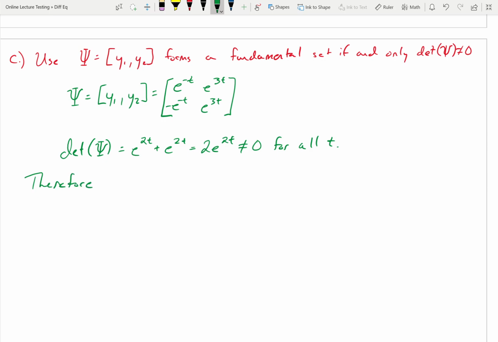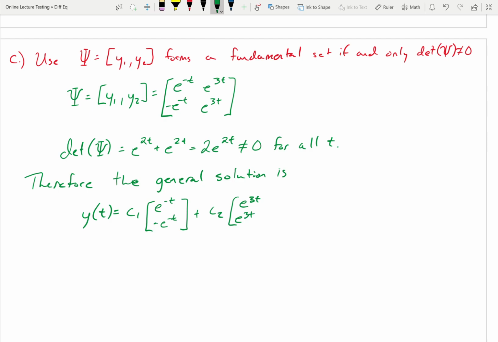we can go one step further. So now that we found out this forms a fundamental set, we can say the general solution is y of t is equal to c1 times y1, which is e to the negative t, negative e to the negative t, plus c2 times e to the 3t, e to the 3t, which if we wrote this in matrix form, we get e to the negative t, e to the 3t as our first row.